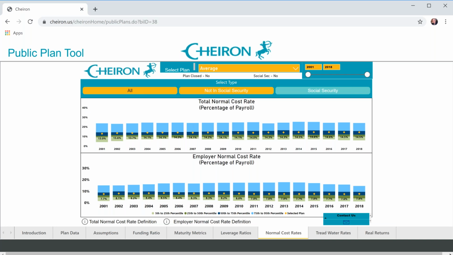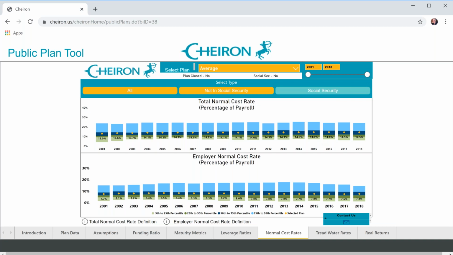So if you're doing a comparison, you may want to make sure that you're comparing to like plans. And again, up here, this will indicate whether the database considers the plan to be in Social Security or not. We are aware that some plans have a mix, and we are just reporting it based on what the database indicates whether you're in or not.